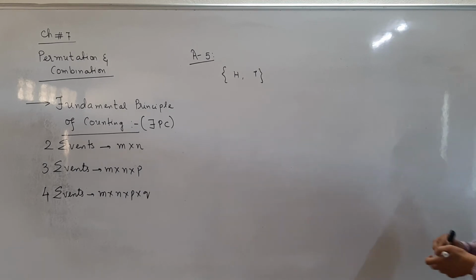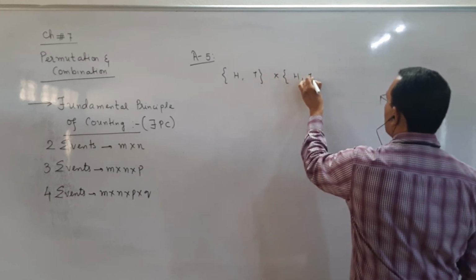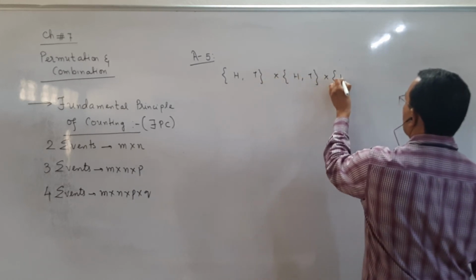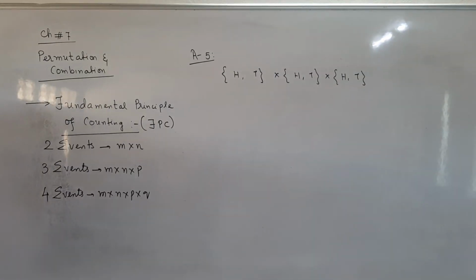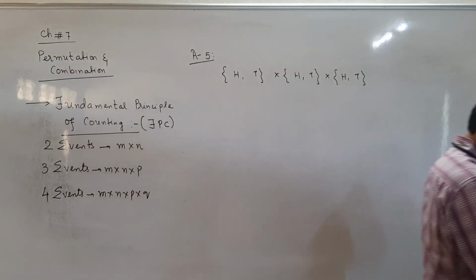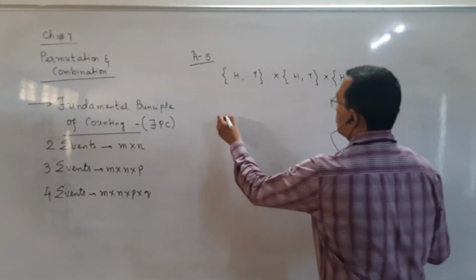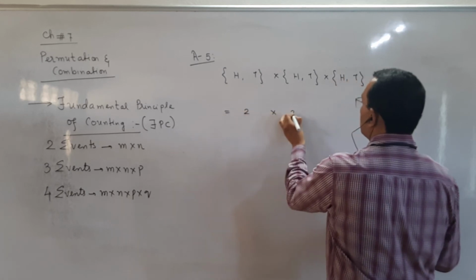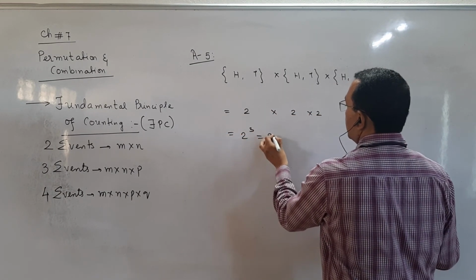Now, again, if you toss a coin, then also out of head and tail you have one outcome, and even if you toss it for the third time, out of head and tail, one of the outcomes is definitely going to come. So if I am tossing a coin 3 times, the total outcomes will be 2 into 2 into 2, that is 2 cubed, and that is 8.